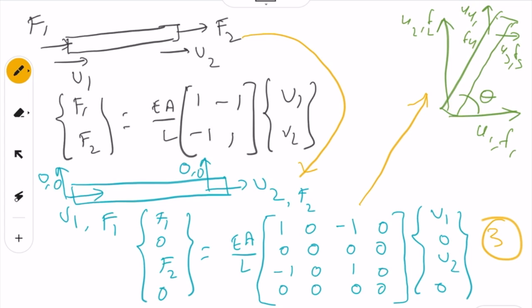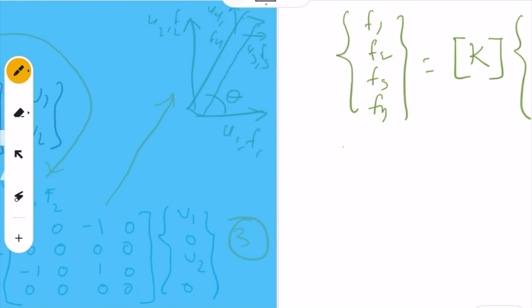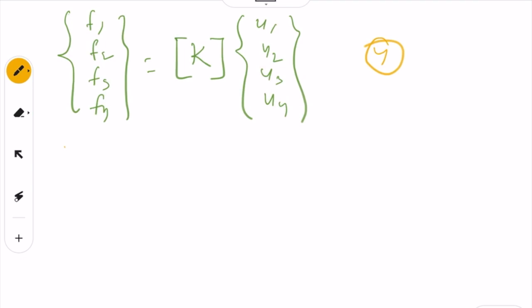Now we are going to sum them up. So from 1 to 3 what do we get? And this is number 4. So we are going to put relations 1 to 3 in number 4. Okay, so let's see.